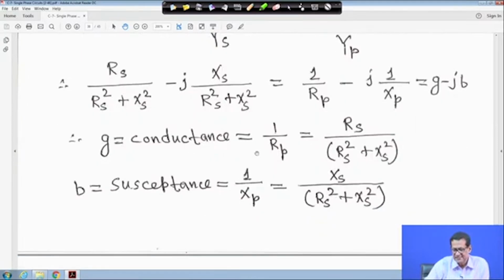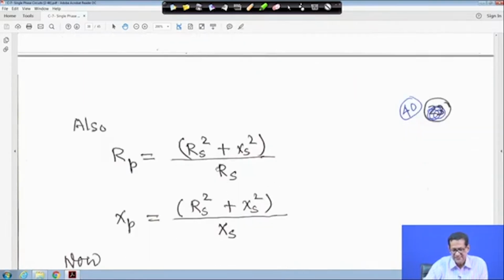Say G is equal to conductance, is equal to 1 upon Rp. Separating real and imaginary parts, 1 upon Rp is equal to Rs upon Rs square plus Xs square. And similarly 1 upon Xp is equal to Xs upon Rs square plus Xs square. Or just write Rp is equal to Rs square plus Xs square upon Rs, and Xp is equal to Rs square plus Xs square upon Xs.